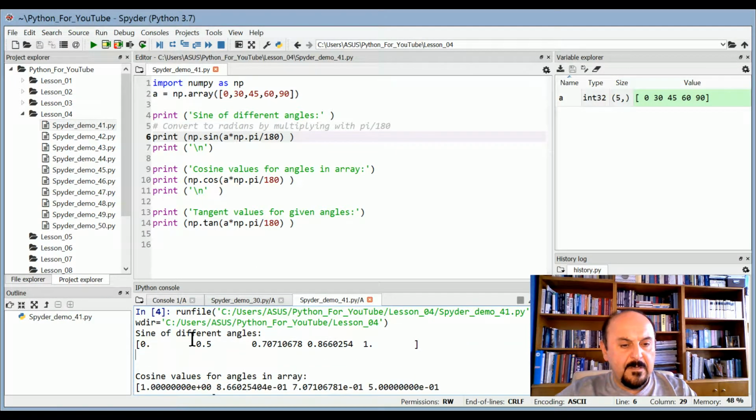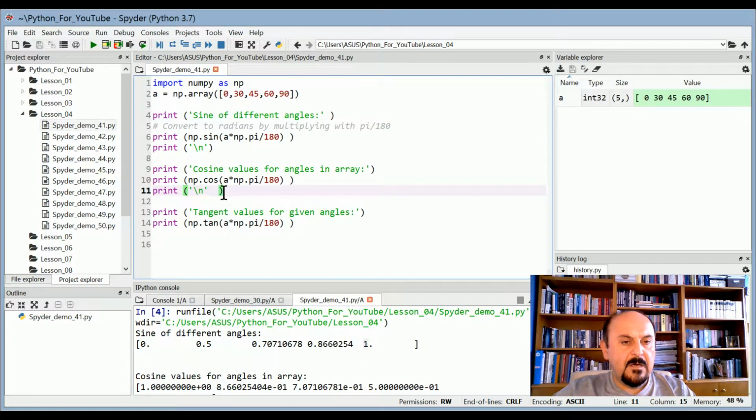Here at the first line, sine of different angles, this is the title, and it works fine. Sine of 0 is 0, and sine of 30 equals 0.5, you remember, and here corresponds to 45, and sine of 90 equals 1.